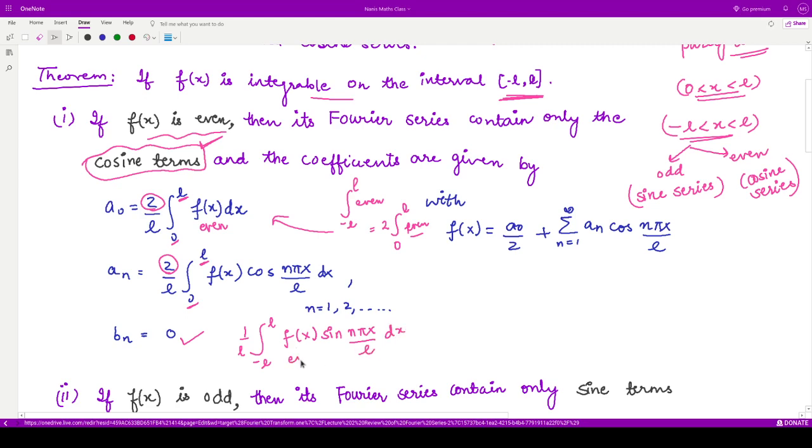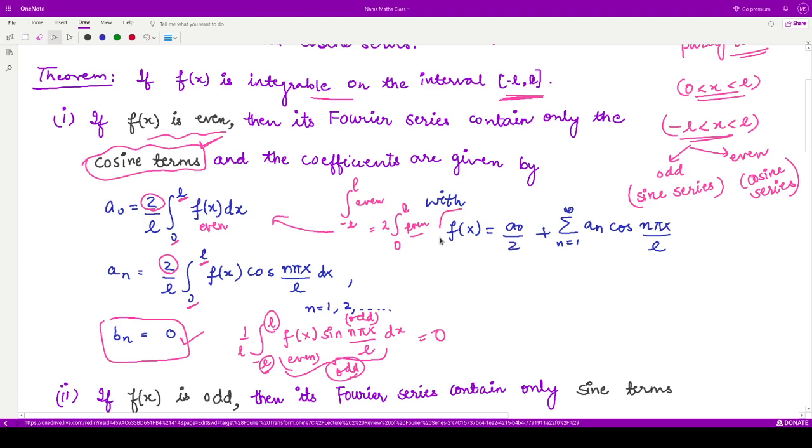Now f(x) is an even function and sine is an odd function, so their multiplication is an odd function. We know the integration of any odd function from negative of a limit to the same limit is equal to 0. So b_n is 0 when we have an even function.